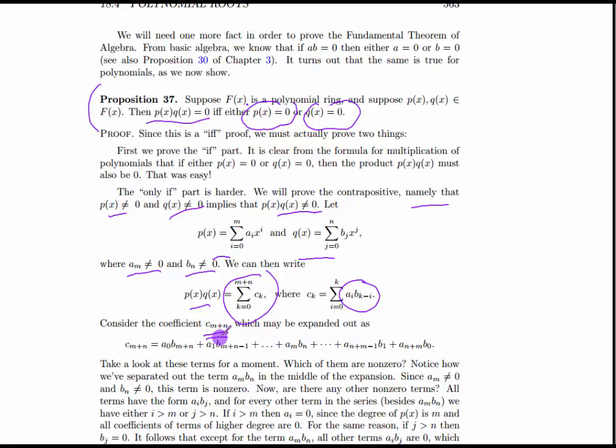The idea is that c_(m+n) is going to be the largest non-zero coefficient, and it turns out to be exactly a_m times b_n. Because if you write out all the other terms, it turns out all the other terms are 0. This first term, for instance, is 0 because m plus n is bigger than n, so there is no coefficient in b this big. This is 0. Similarly, all the other terms will be 0 except for this one. This one is non-zero. That means c_(m+n) is non-zero.